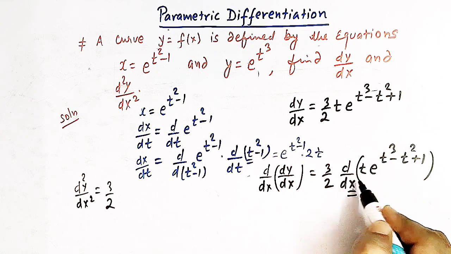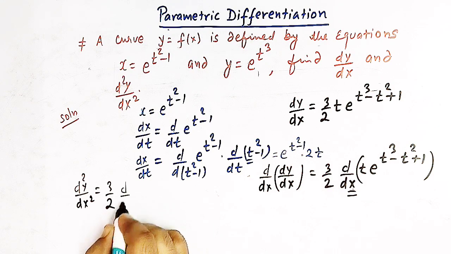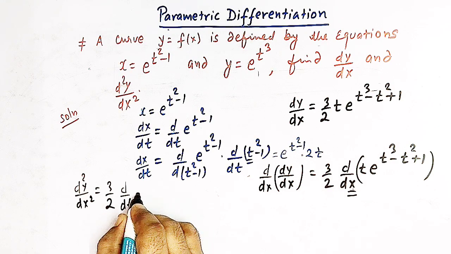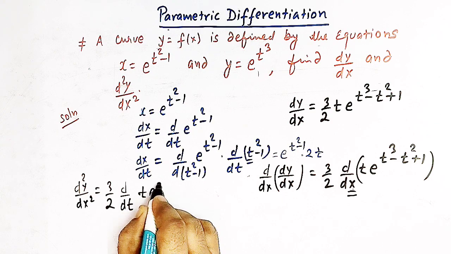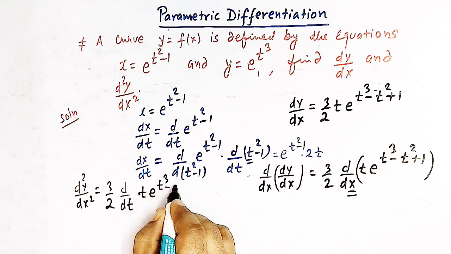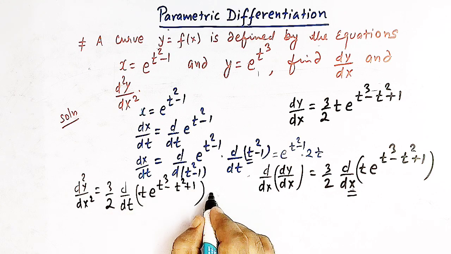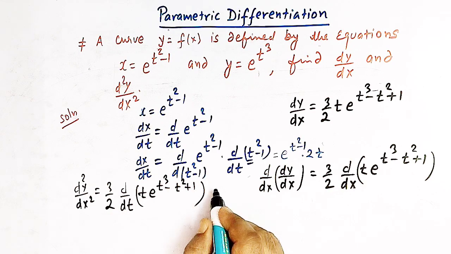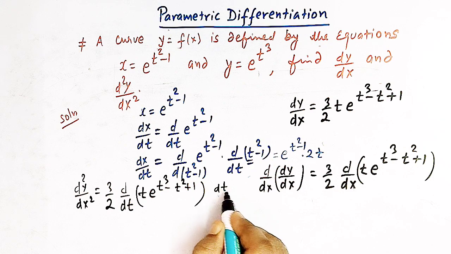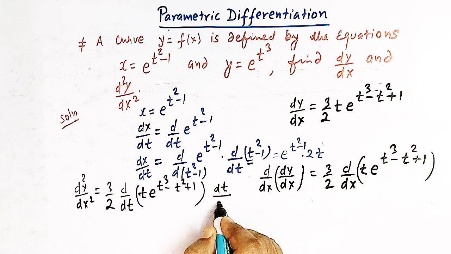So here I will write d by dt of t e raised to t cube minus t square plus 1. And then we differentiate dt, that is t, with respect to x, right?